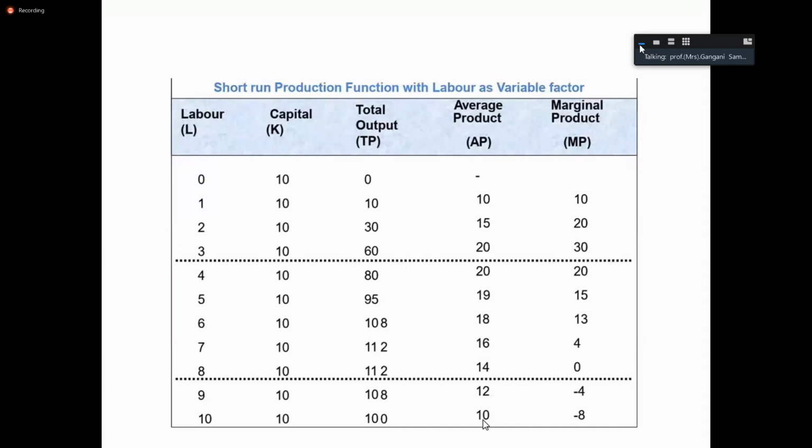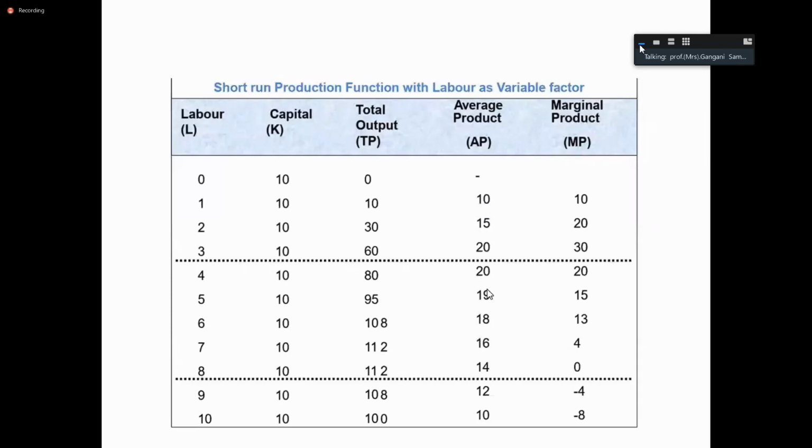Yes, Ranavira, what can you see? What can you see after seeing the average product value? Increasing and then decreasing average product. Good.